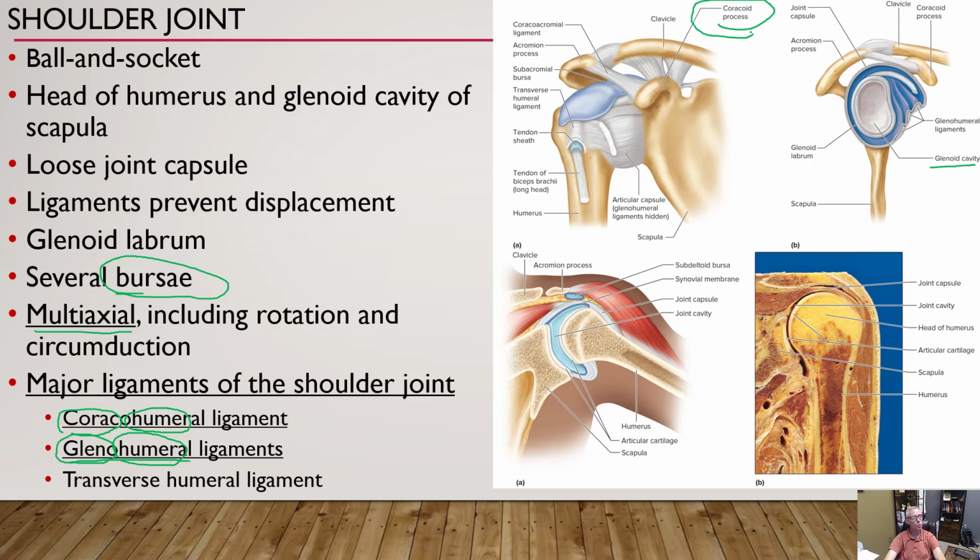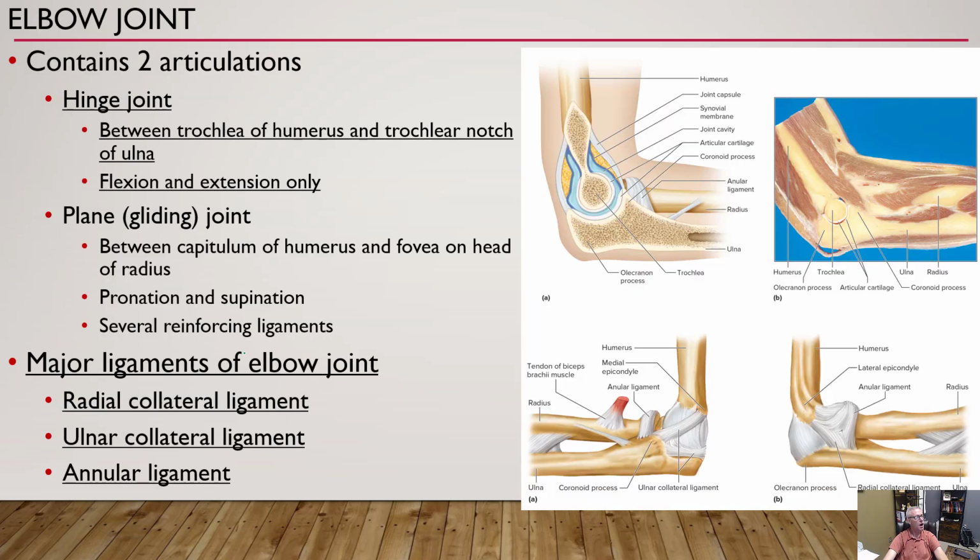So that's what that coraco is referring to. So we have that coracohumeral ligament. Those are the two that you're going to have to memorize for the quiz and exam purposes. And we also have a transverse humeral ligament. You don't have to memorize that one for the exam.